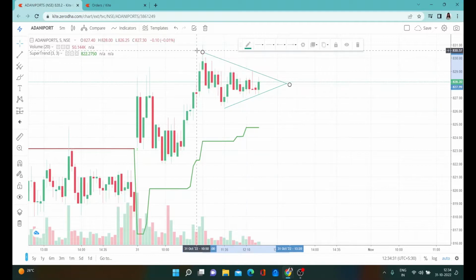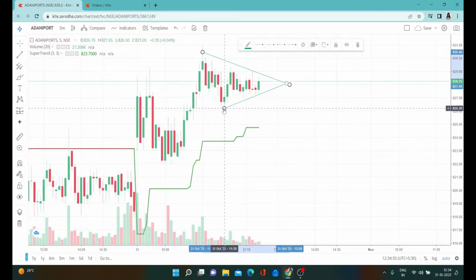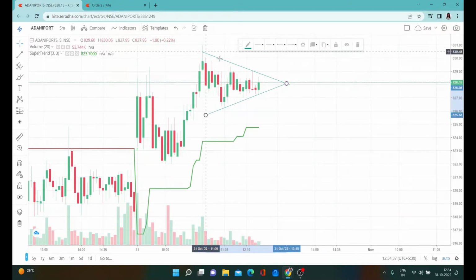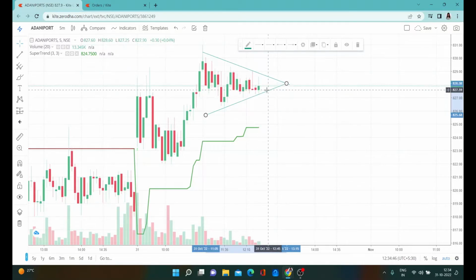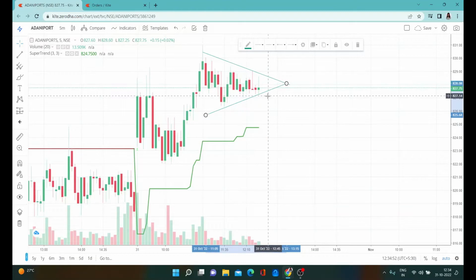Now, there are two kinds of actions that we can take based on this pattern. In case the candles that are going to be formed later on break this pattern in a downward direction, we can take a short position.